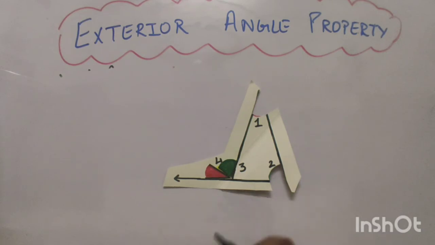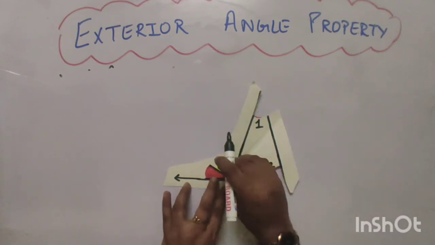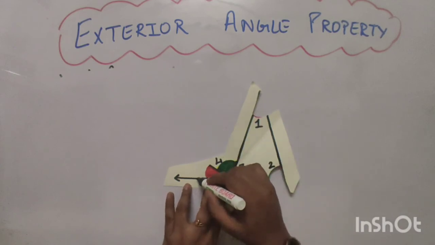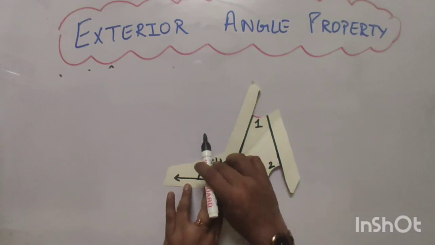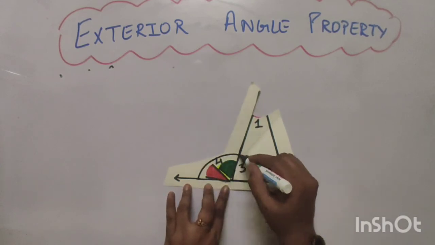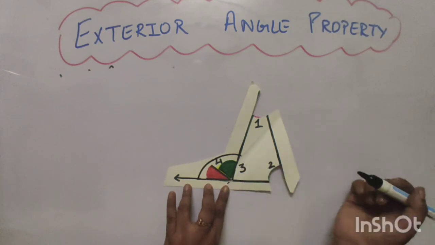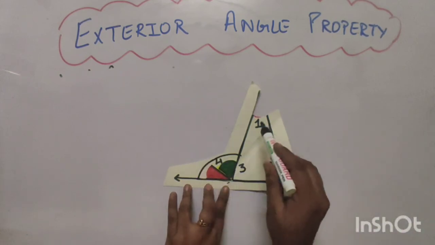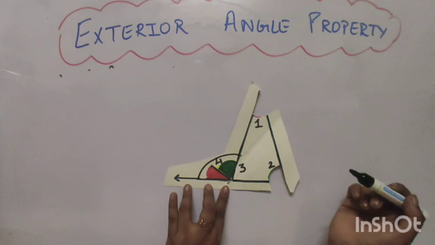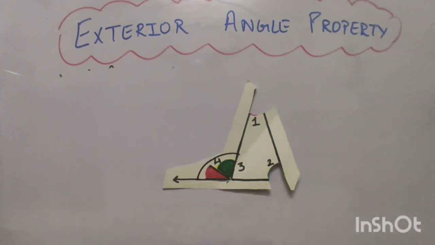So it shows that the sum of the interior angles is always equal to the exterior angle of a triangle, right? So this is the way, children, it has been proved that the exterior angle is always equal to the sum of the interior opposite angles of a triangle.